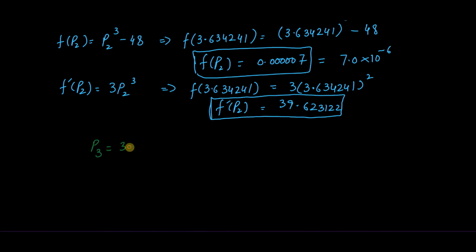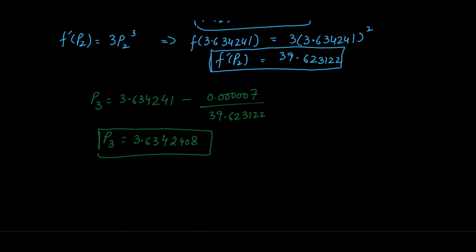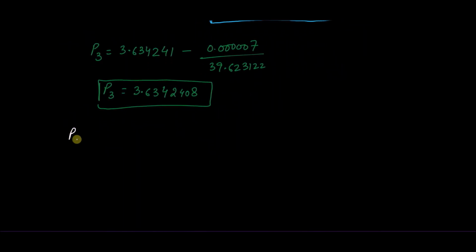So P3 is equal to 3.634241 minus 7.0 times 10 to the power minus 6 divided by 39.623122. After solving, we will get the result 3.634240. So we need to compare our P2 and P3 values in order to check whether we achieved the accuracy or not.